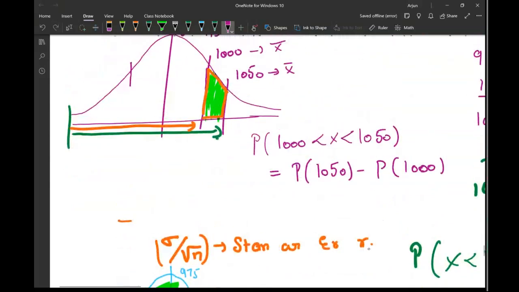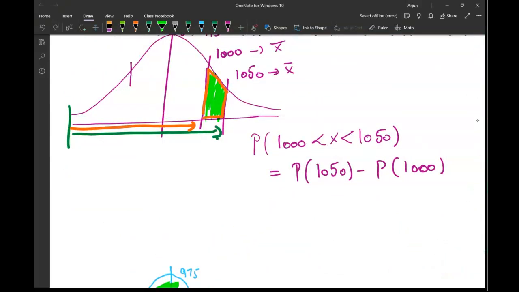For this one, you will find the z-score. The z-score corresponds to 1050 minus 975 divided by 195 divided by the square root of n, which is 20, minus, here, 1000. Well, we don't subtract the z-scores.